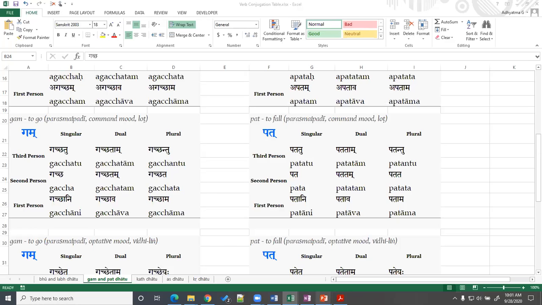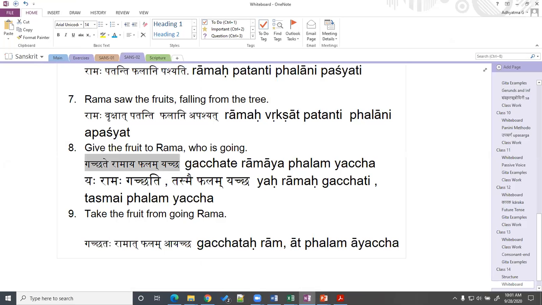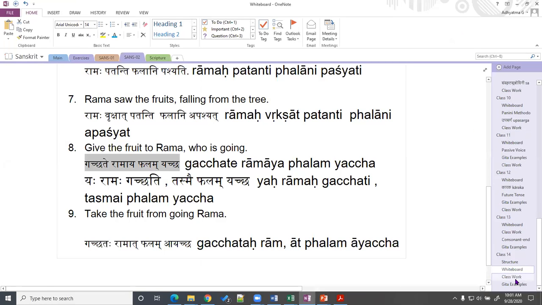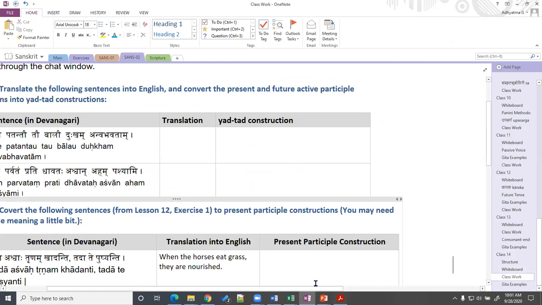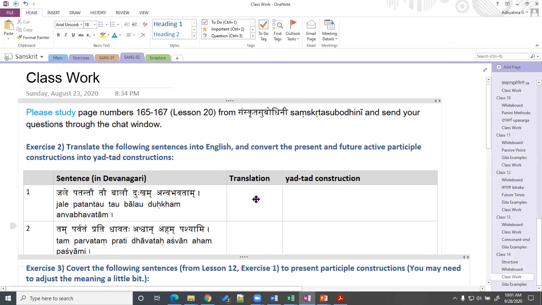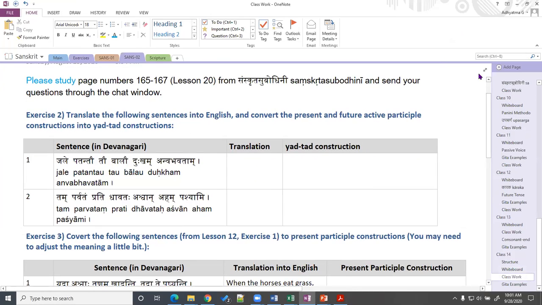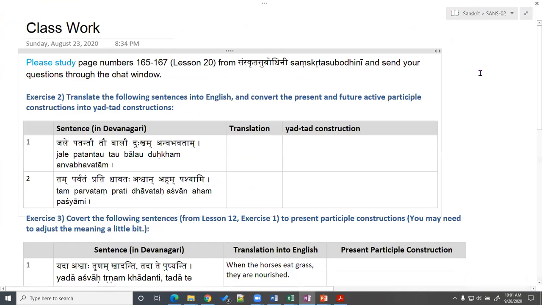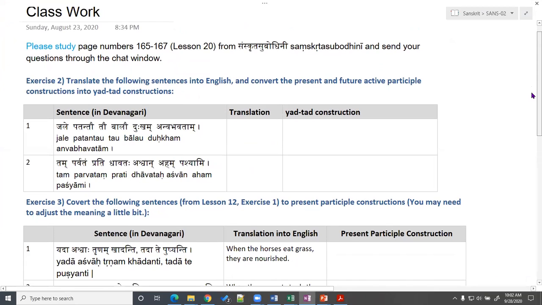Okay, with this, we'll have the class work. So this is our class work for today. So you can study these pages from Sanskrit Subodhini.